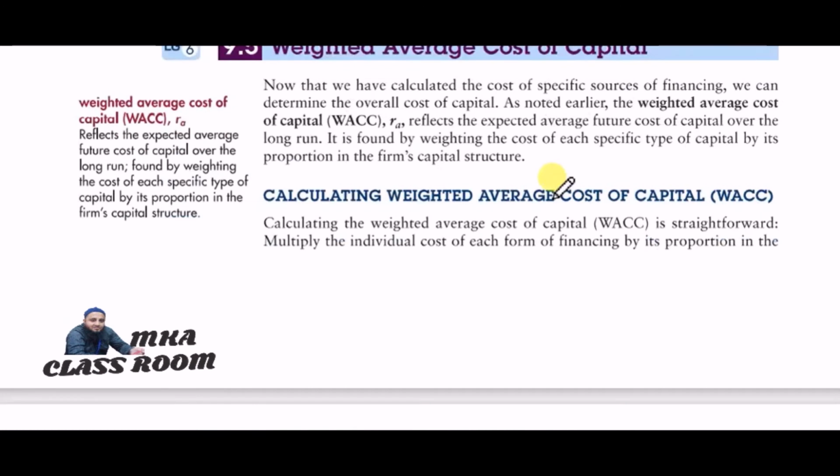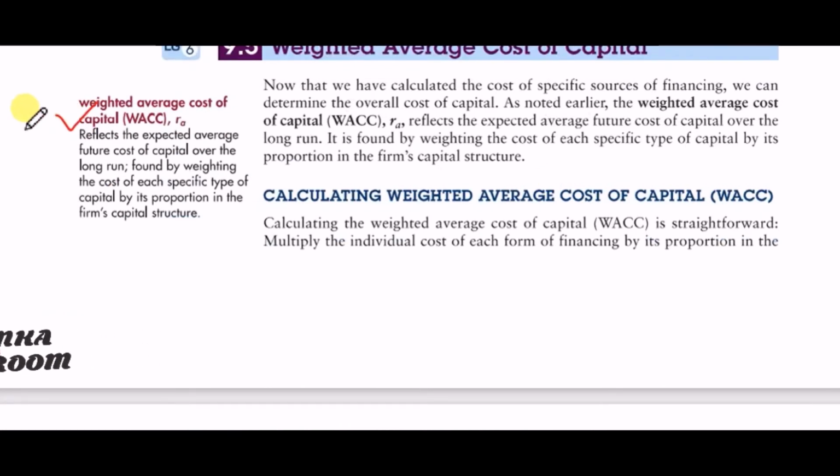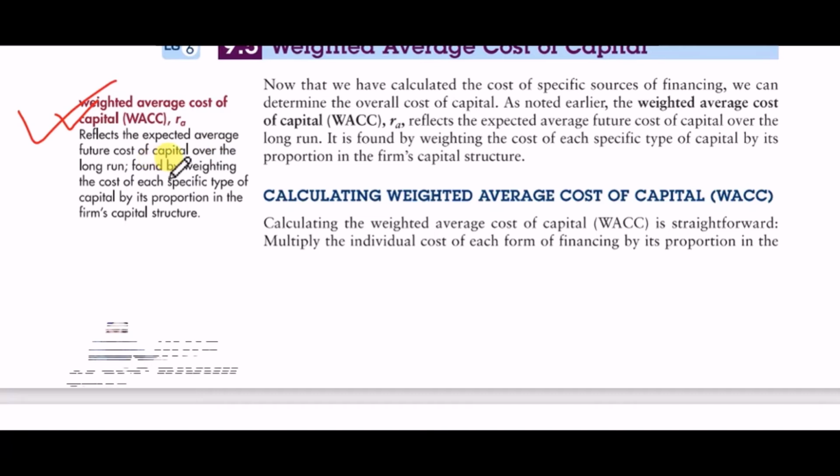Then the weighted average cost of capital reflects the expected average future cost of capital over the long run, funded by weighting the cost of each specific type of capital by its proportion in the firm's capital structure.